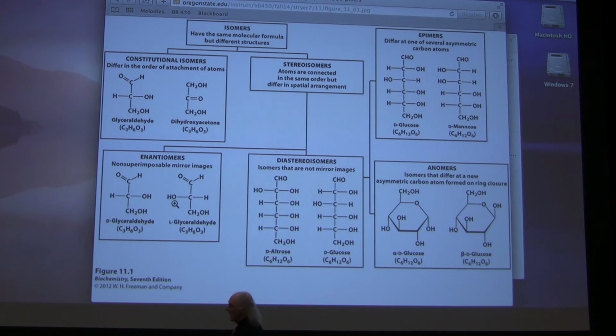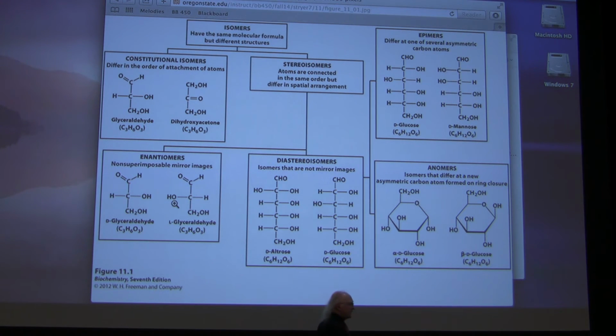So a really good enantiomer, you've already seen it. There's one form of glyceraldehyde known as the D form, and another form of glyceraldehyde known as the L form. If I told you that I had D-glucose, and I said, what is the enantiomer of D-glucose? It turns out to be very simple. You would say L-glucose.